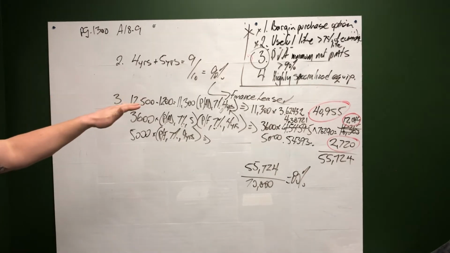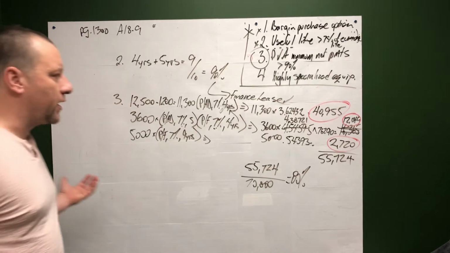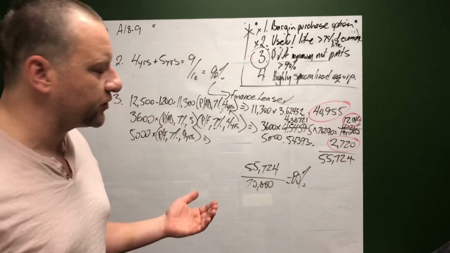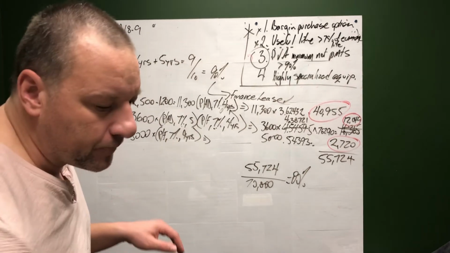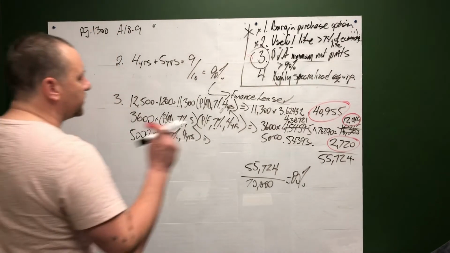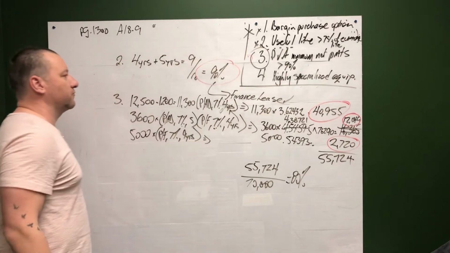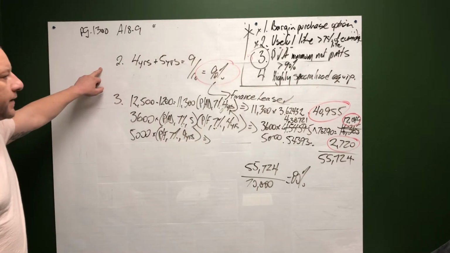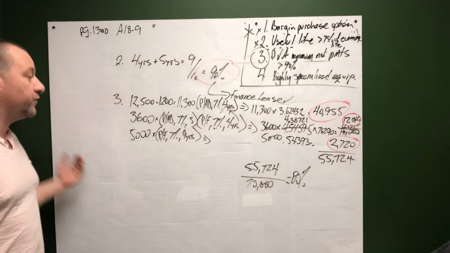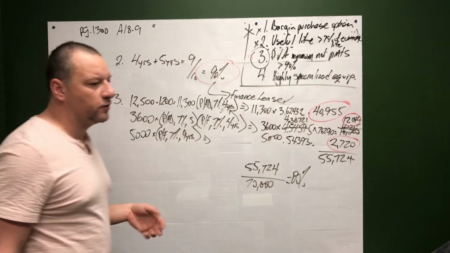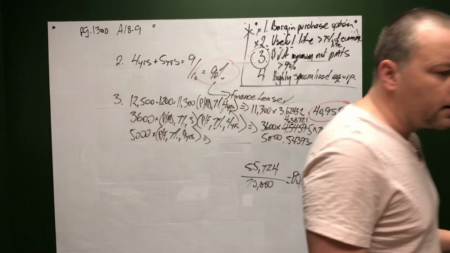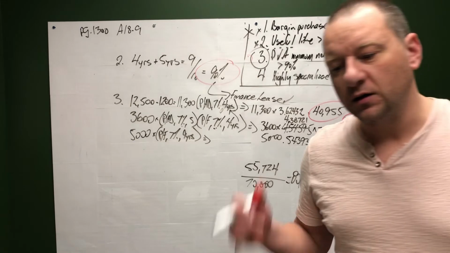Now, 4 isn't applicable because we don't have any information if it's a highly specialized piece of equipment, but we hit the finance lease criteria based on this. As a result, we still got to figure out the present value of all our payments, because that's going to set up our lease liability.